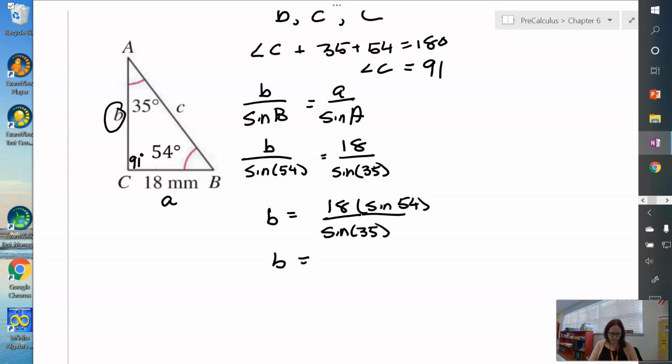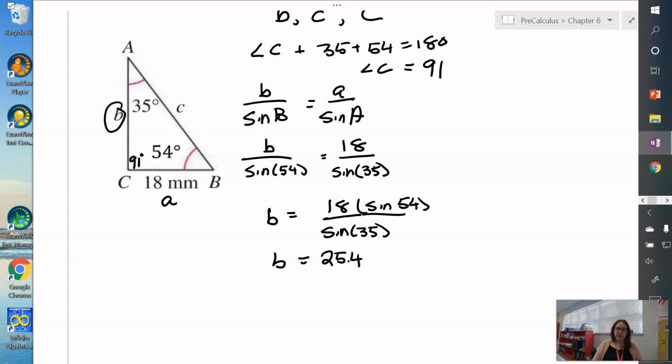Make sure you're in degree mode, because my problem is in degrees, so I'm switching to degree mode. I'm going to do 18 times sine of 54 divided by sine of 35, and I get 25.4.